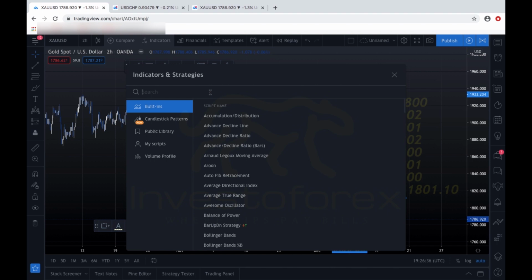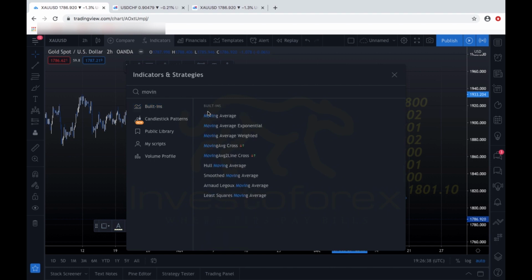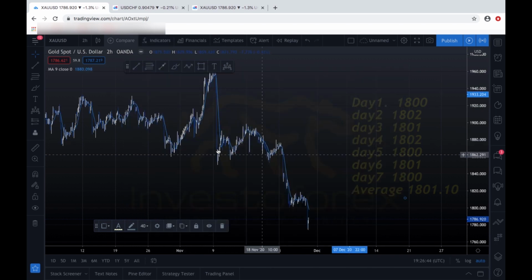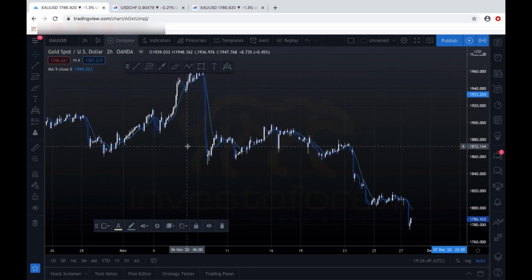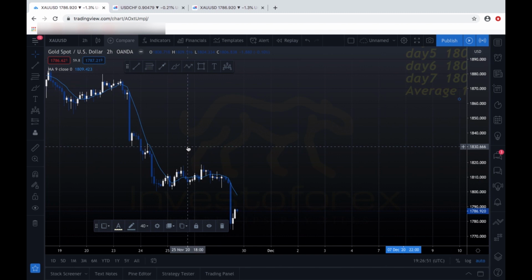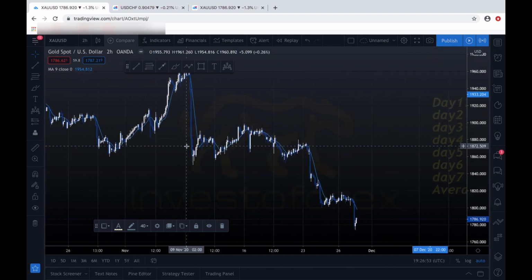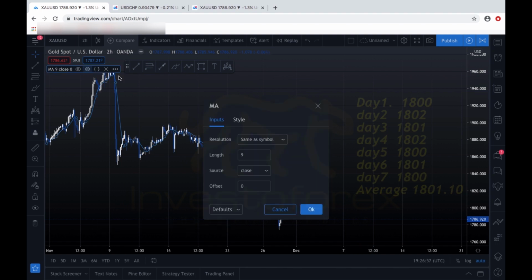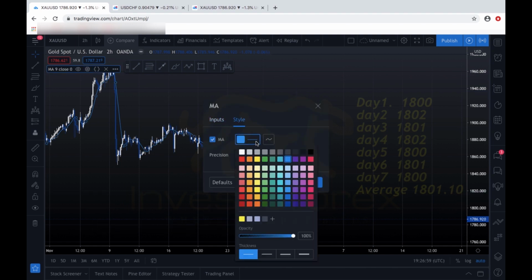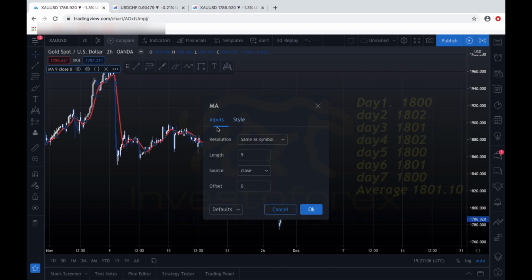For example, let's go to the indicators and select moving average. Let's change the color from here in the inputs.